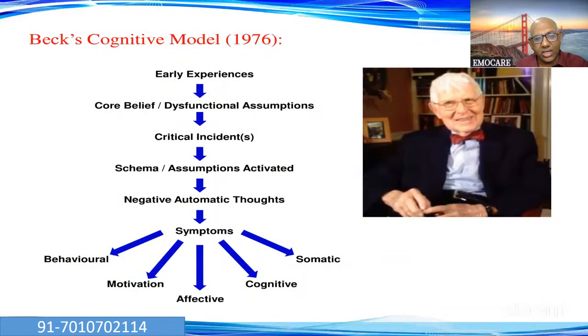So this is a very important CBT concept. The early experience: he is a religious head and he had physical contact with the person. After some time, she told him that she felt like committing suicide, and he got fear. That means a core belief, a schema, developed, a dysfunctional assumption.